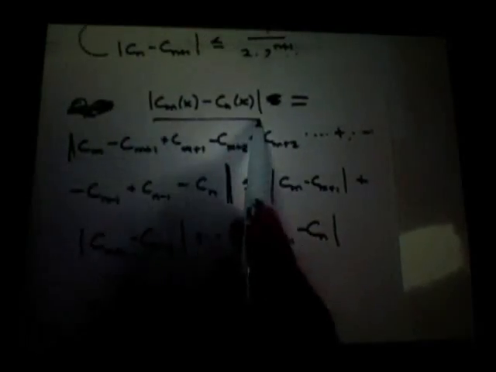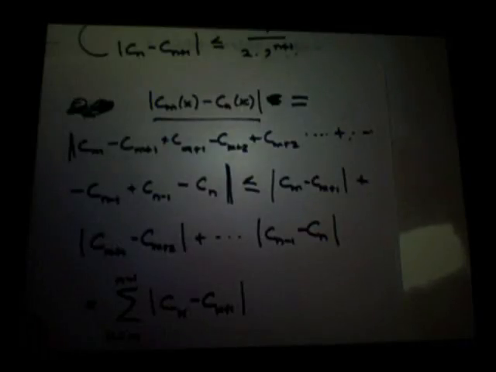All right, now we have C_m of x minus C_n of x for all x in [a, b] is equal to this big monster thing, which is smaller than the sum of the monster things. So it's smaller than this sum. If we can control this sum, we've got this thing controlled, and then we can conclude that the convergence is uniform, right?